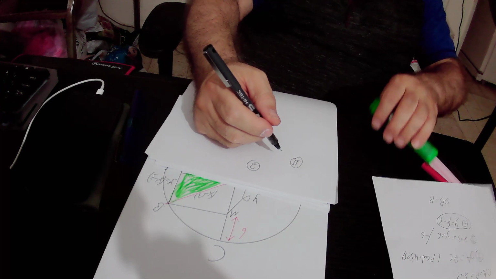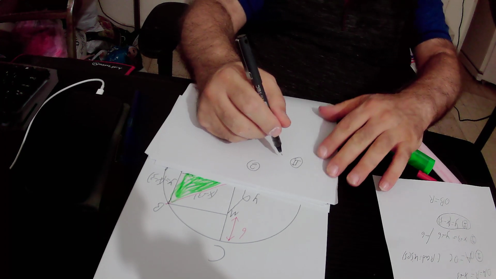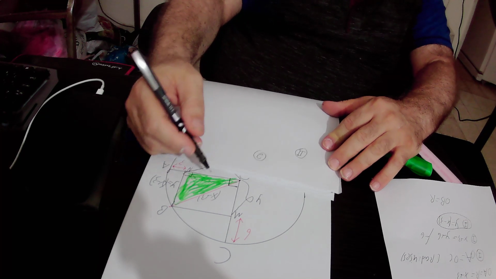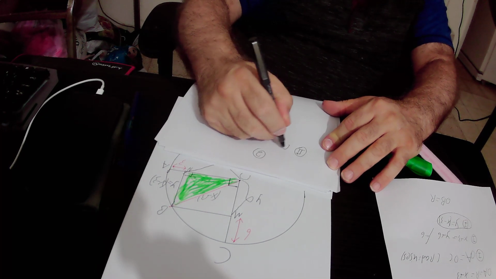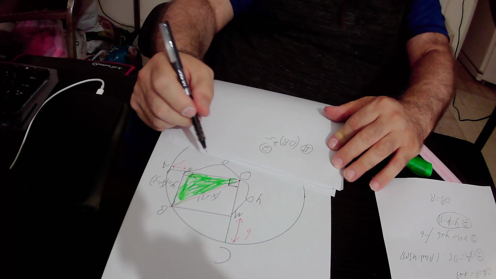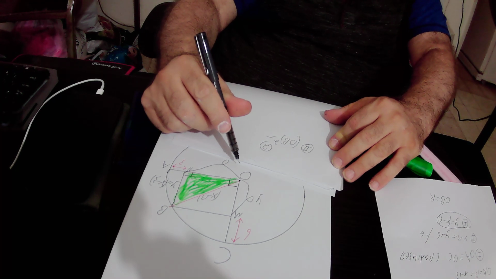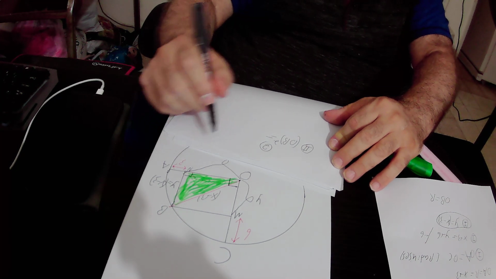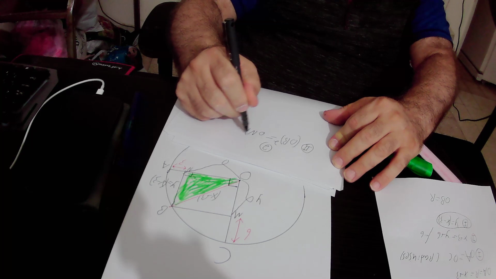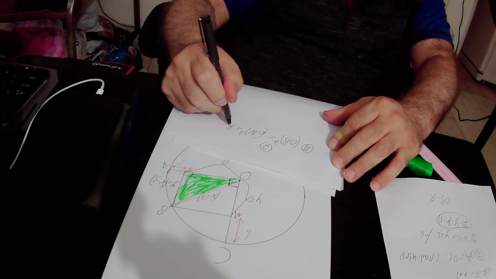In the right triangle, the square of the hypotenuse, OB square, equals the sum of the squares of the perpendiculars, ON square plus BN square.